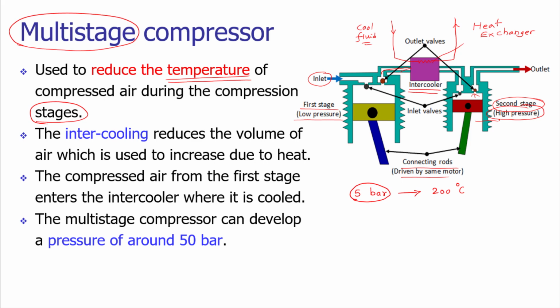Already we have compressed air which is cold and has low volume, and we can further increase its pressure by applying mechanical energy in the second stage. Afterwards the pressurized air, which is around 50 bar, can be sent for the required operation.